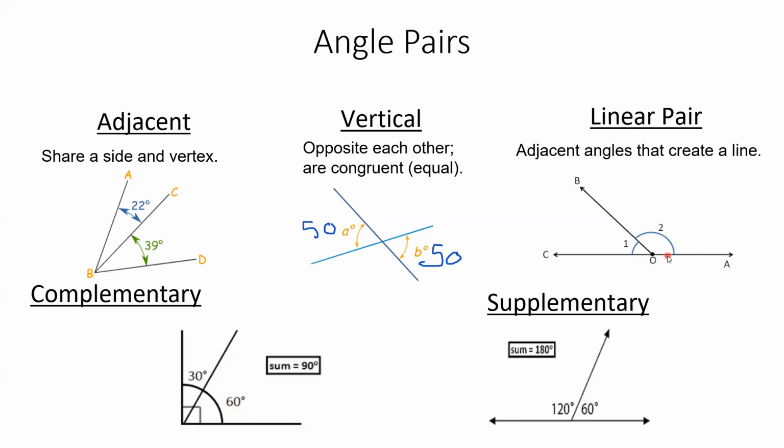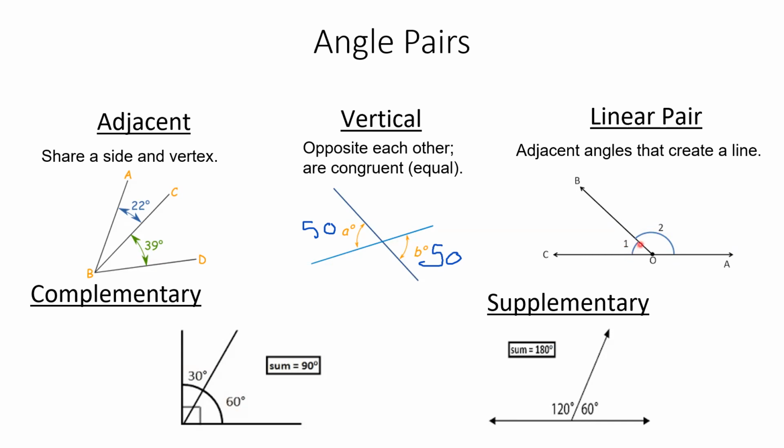Linear pairs are supplementary angles. So you can call these angles linear or you can call them supplementary. They're synonyms, meaning the same thing, okay? What makes something a supplementary angle is that a straight line measures 180 degrees.